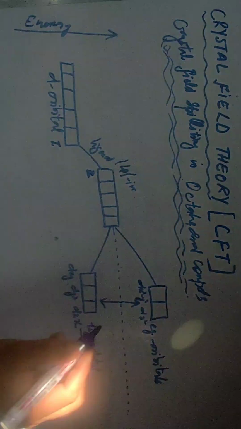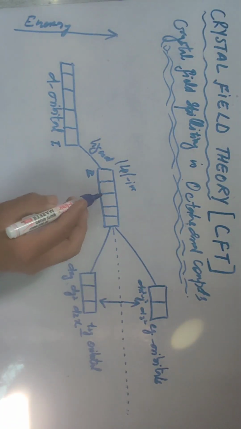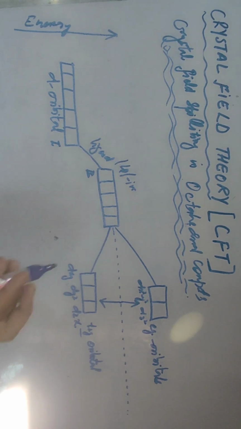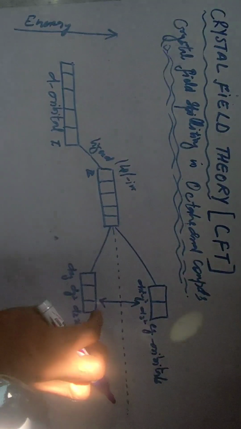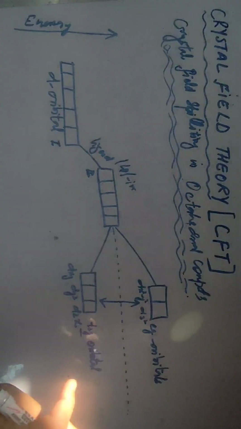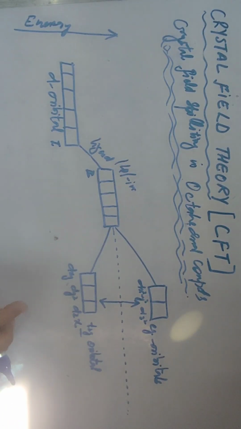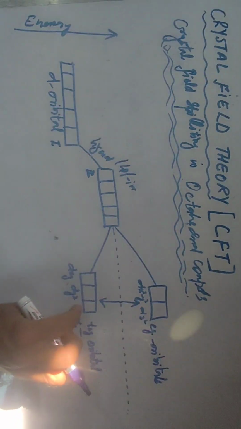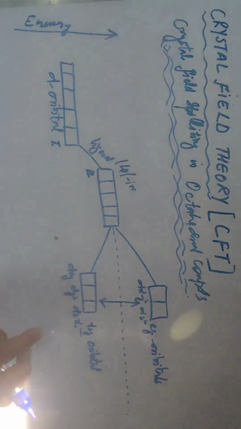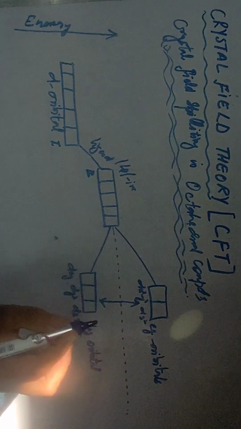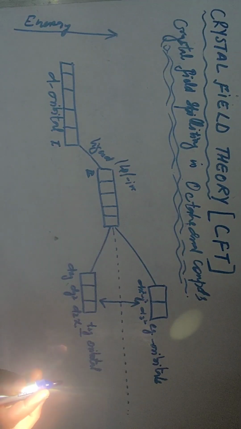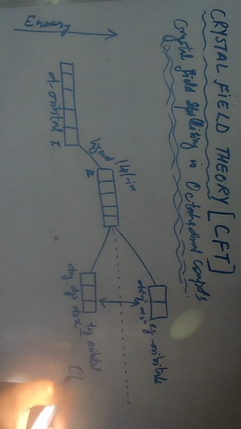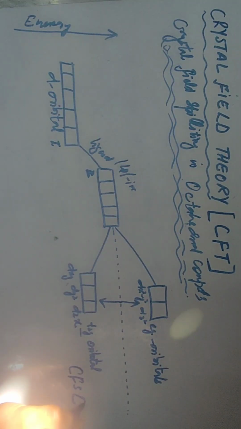Due to this difference in energy, the d orbital is split into two sets. The difference in the energy between the two sets of orbitals is known as crystal field splitting energy, CFSE.